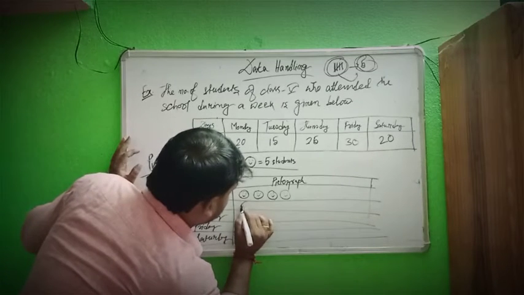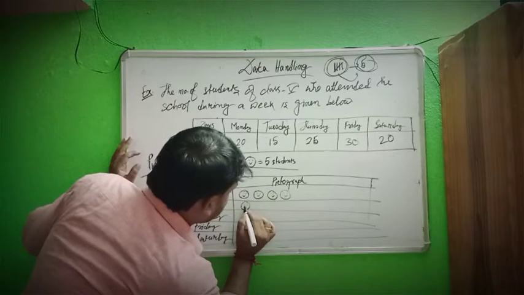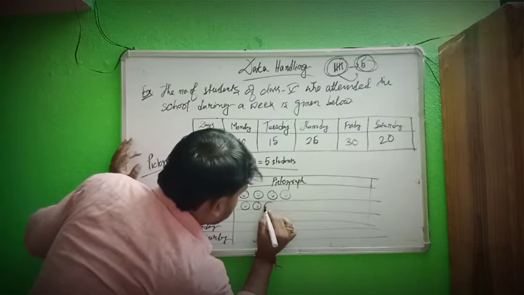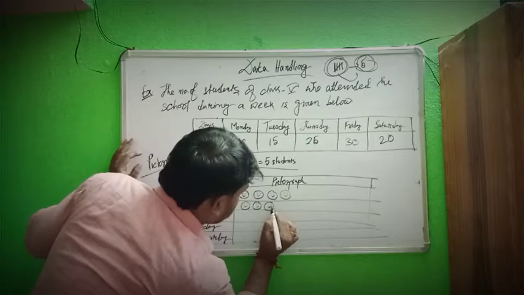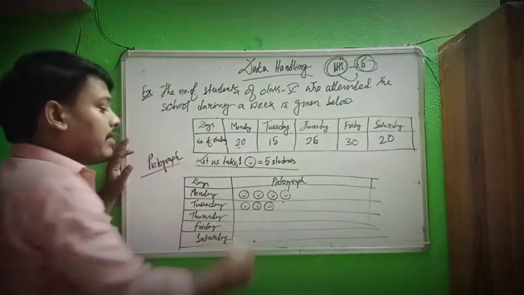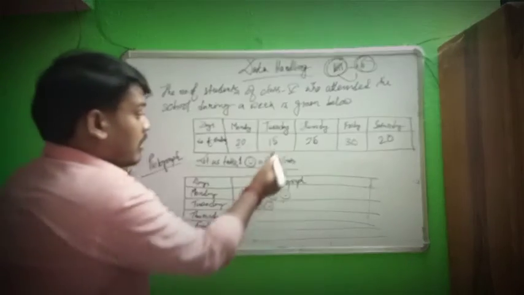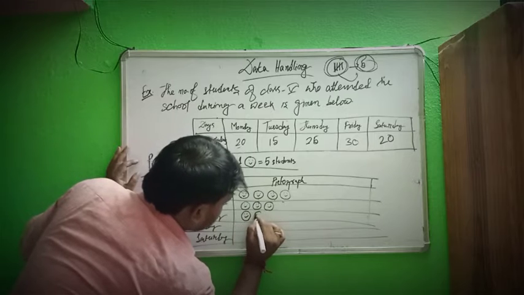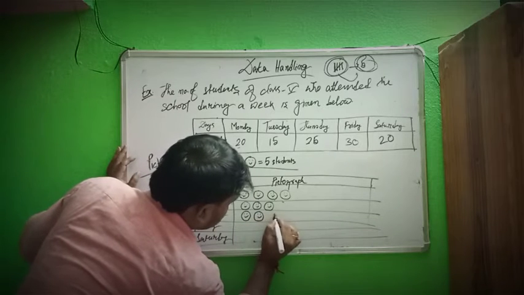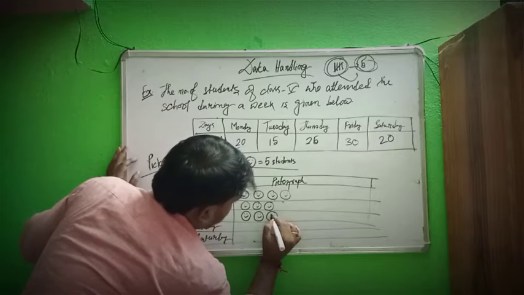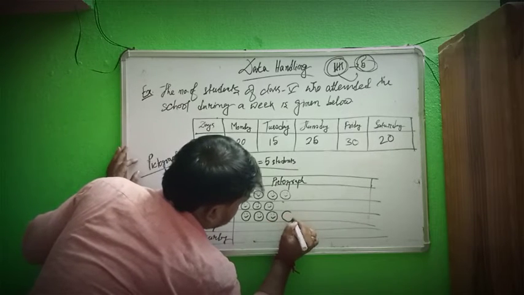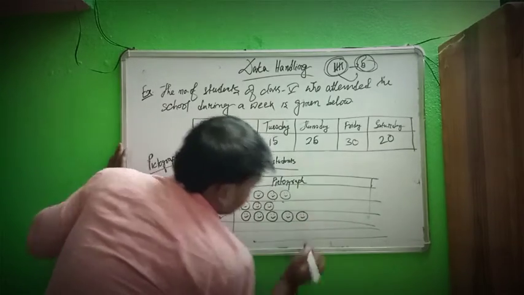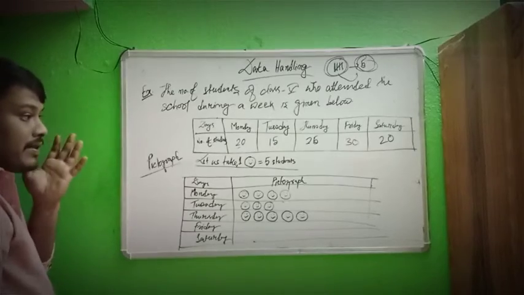Next one, 15 students. So 5, 5, 5, that is 15. For Thursday we need to draw 5 pictures. So it represents 25.